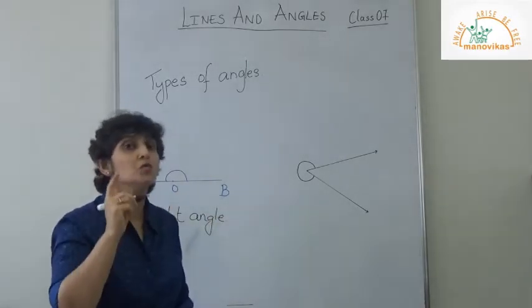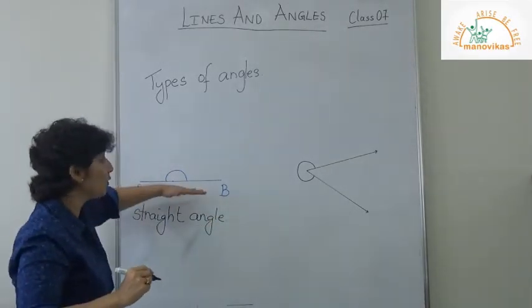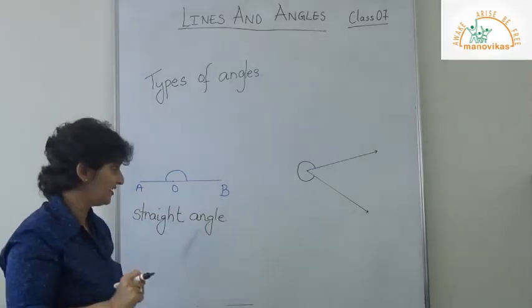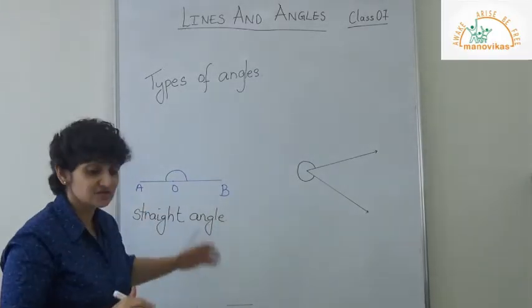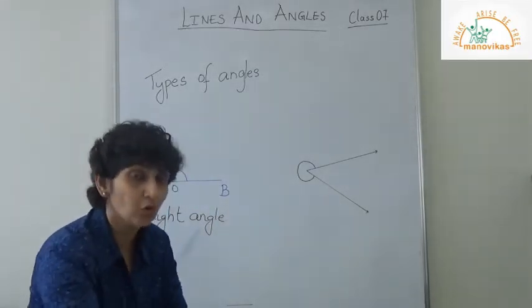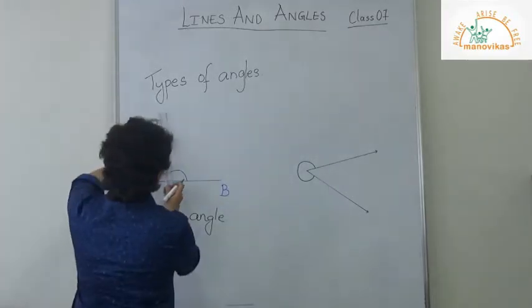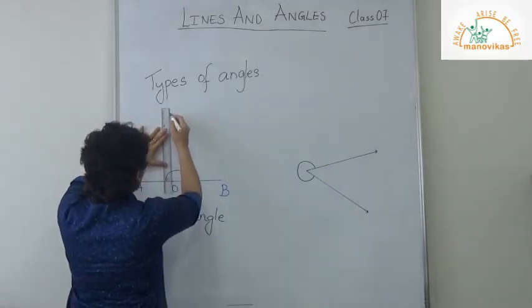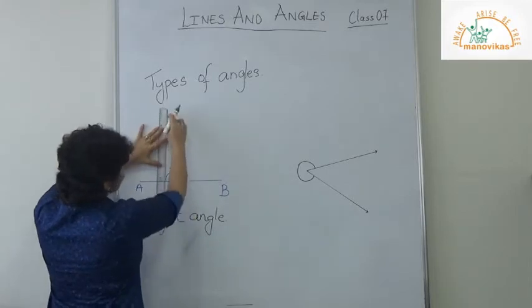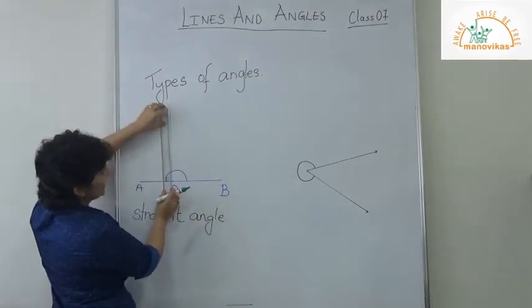What do I mean by a straight angle? An angle whose measure is equal to 180 degrees is called a straight angle. Now, you know your 90 degrees, isn't it? Suppose, children, I draw a line here. Now, this gives me 90 degrees.